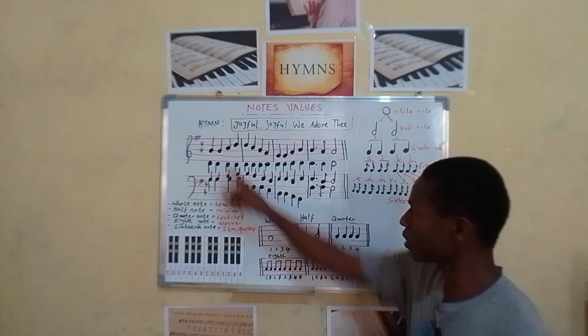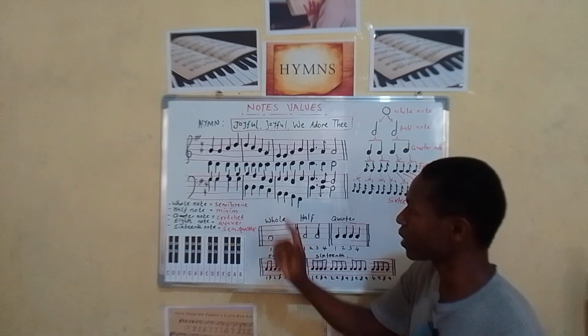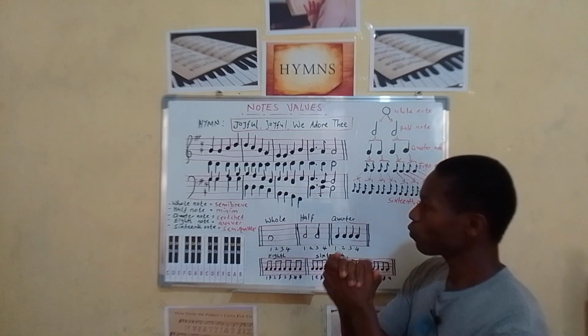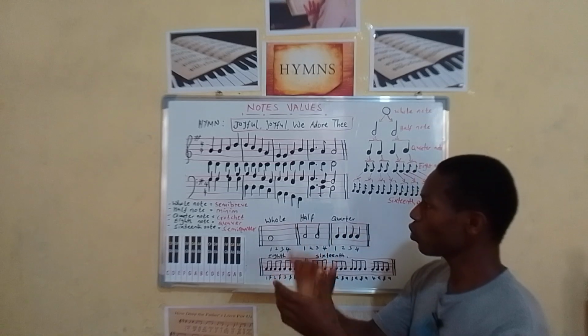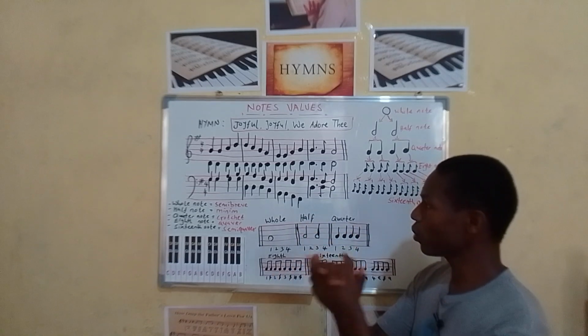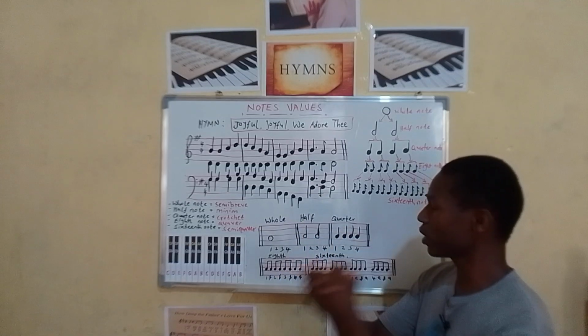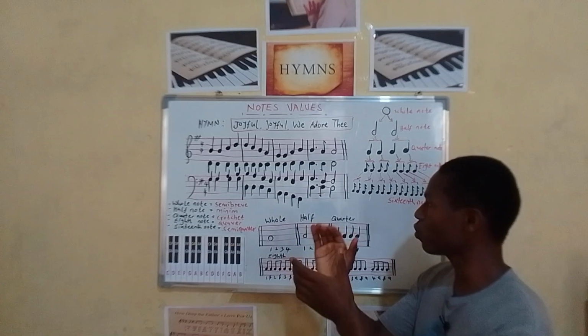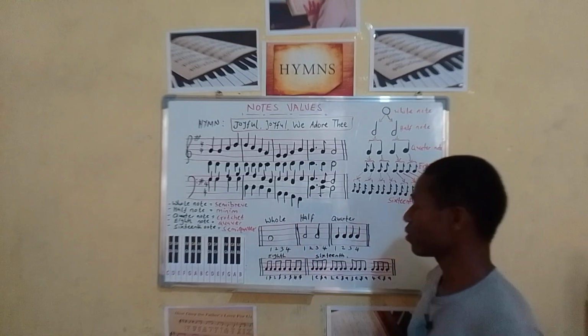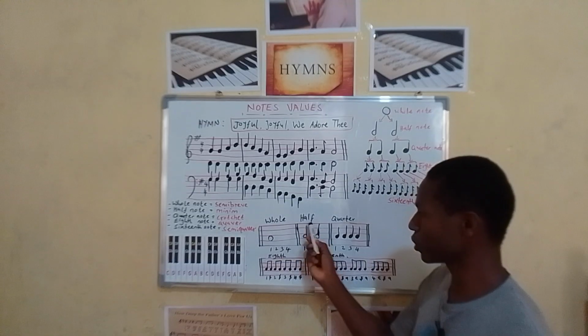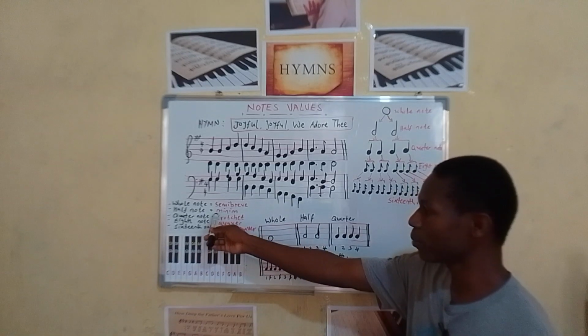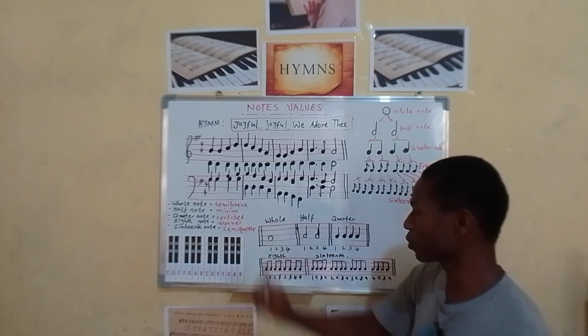So in this phrase, we'll count like this: Joyful, joyful, we adore thee, God of glory, God of love. So that is a half note, also called a minim in UK abbreviation.